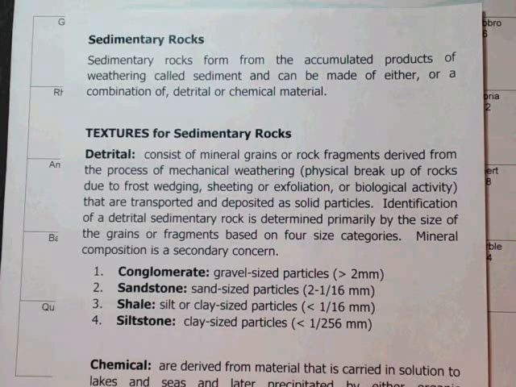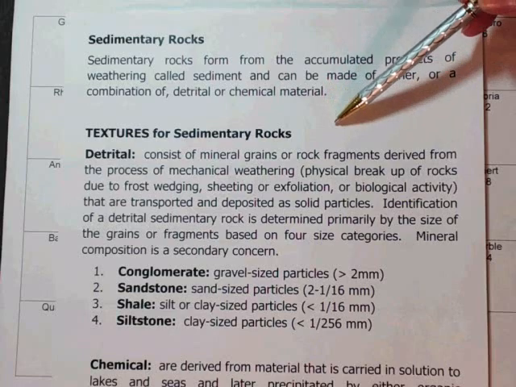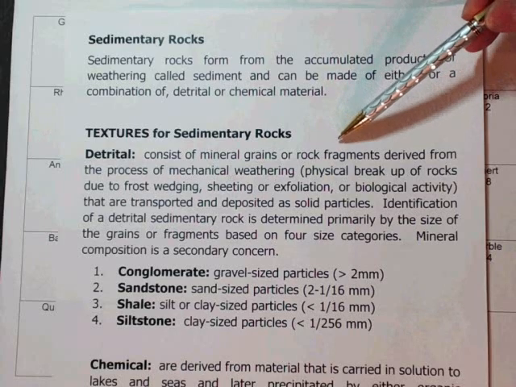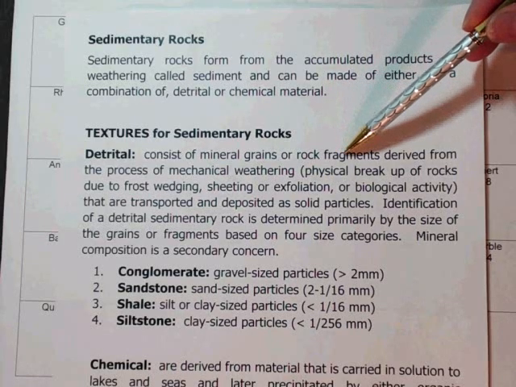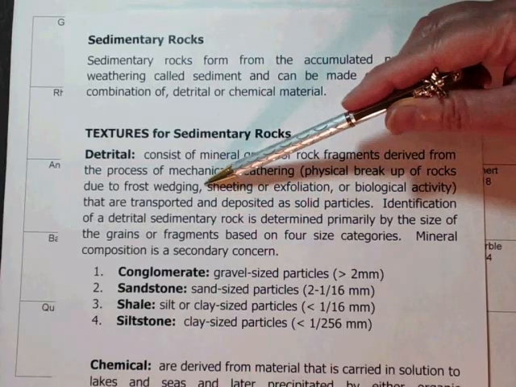Starting off, the textures for what we call detrital consist of mineral grains or rock fragments derived from that mechanical weathering, so the physical breakup of rocks. And this happens in numerous ways. Again, water does play a big role through frost wedging.